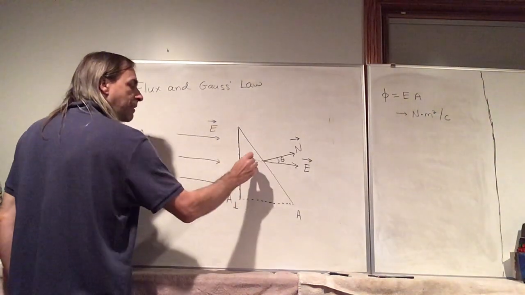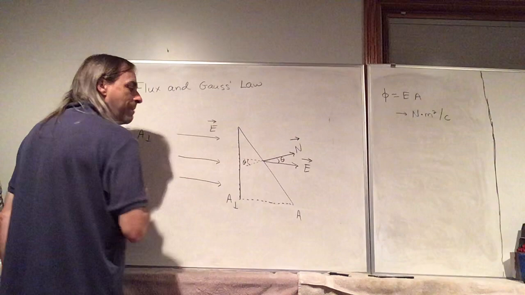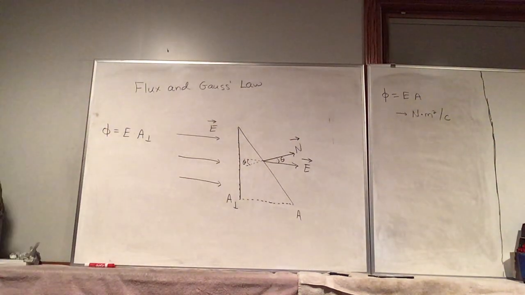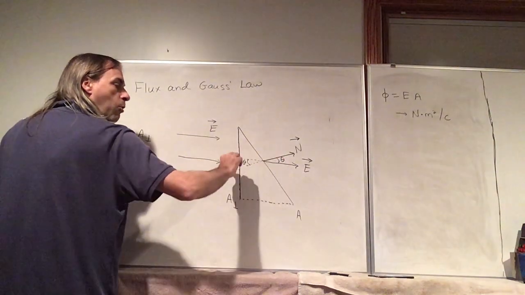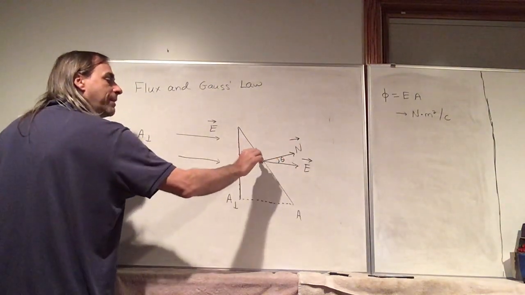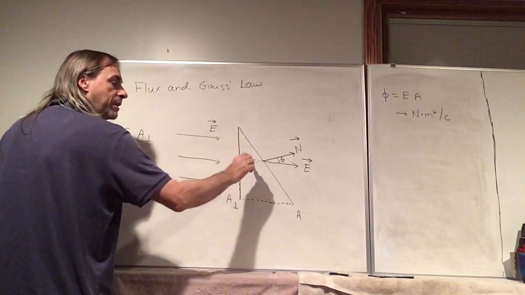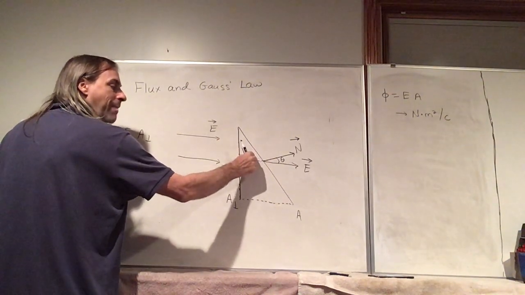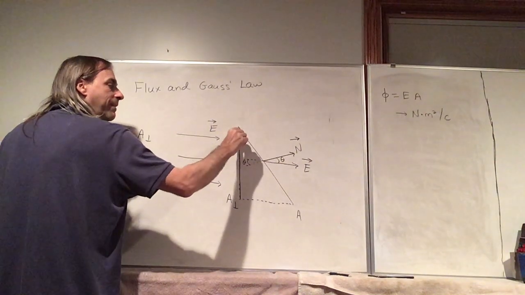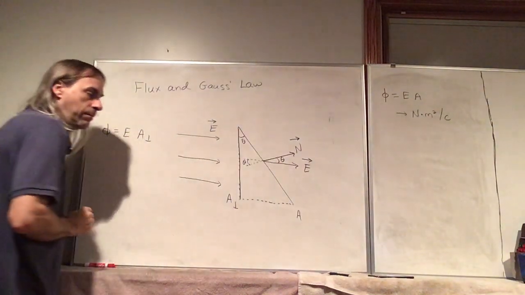If this angle is theta, that would make this angle theta as well. And this is a normal line here, so this is a right angle with the surface. If this angle is theta, this angle is going to be 90 minus theta, which would make this angle theta.